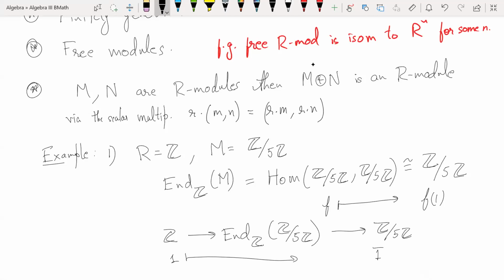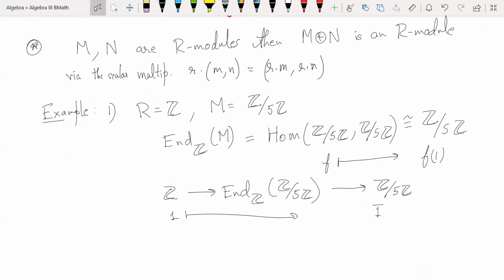Even if you can't verify this, you know that it can't be injective, because this is infinite, this is finite. But you can check that the composition is indeed this. Here 1 goes to the scalar multiple of the identity, and then that scalar multiple will take it to that. So 1 will go to the identity, and the identity will go to 1 bar, because that is the identity evaluated at 1, which is 1.